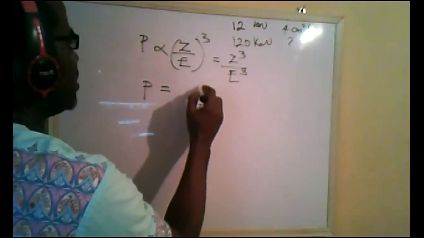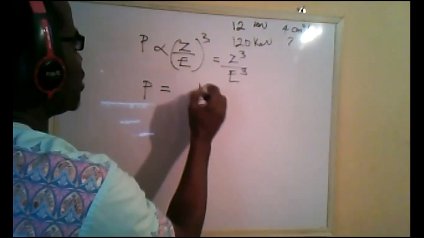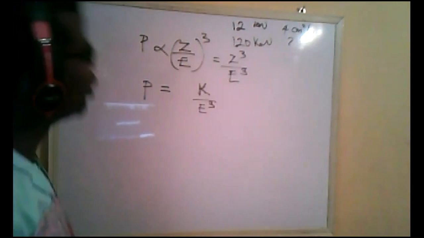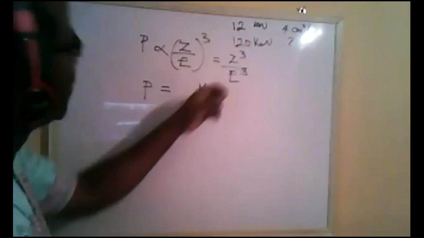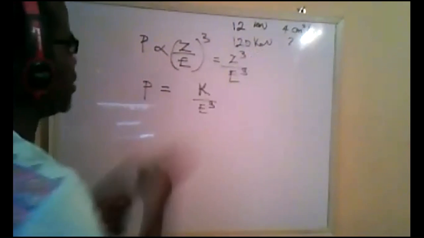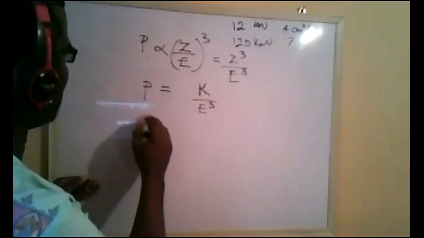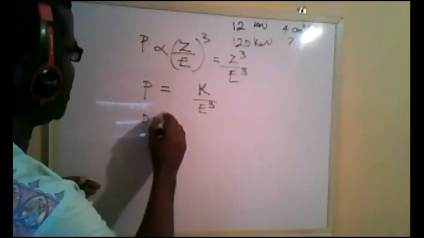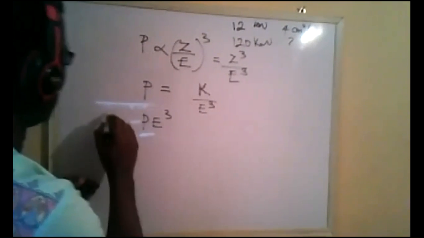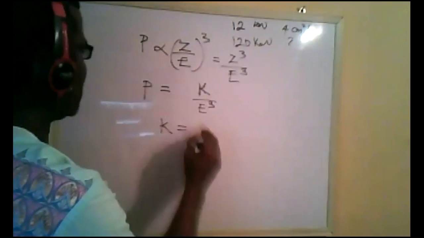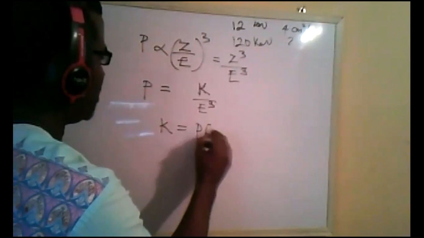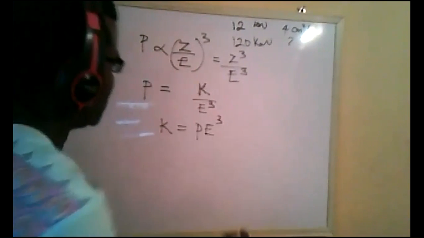Z and the other constant have now become a constant, the new constant. So at a particular Z, we can now have E raised to power 3 times P equal to K, where K is the photoelectric effect multiplied by energy raised to power 3.